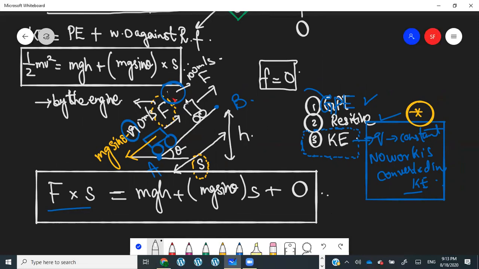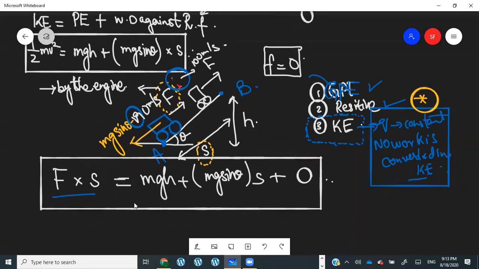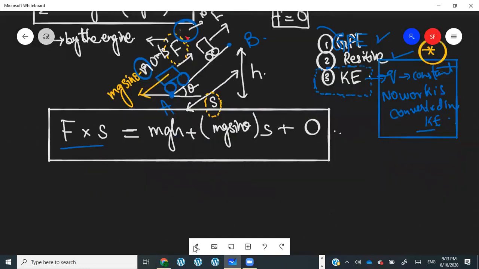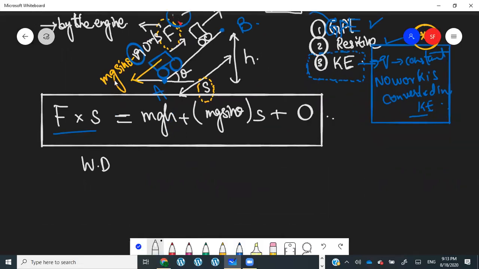There is a change in kinetic energy, right? This means that work has been converted into kinetic energy as well. So in this case, work done is converted into gravitational potential energy, work against resistive forces, and also kinetic energy.